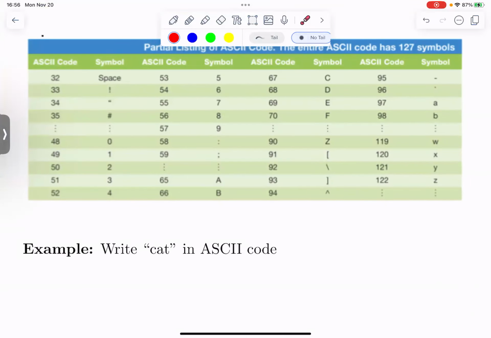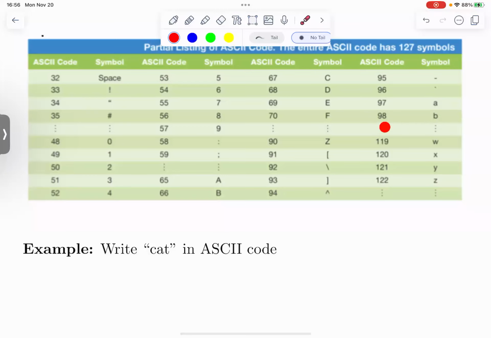Do you want to memorize all the ASCII codes? No. You have to add them, so like C is 95. Oh, let me check. C is not 95. C is 99. Yeah, lowercase. Uppercase C is 67, A is 65.